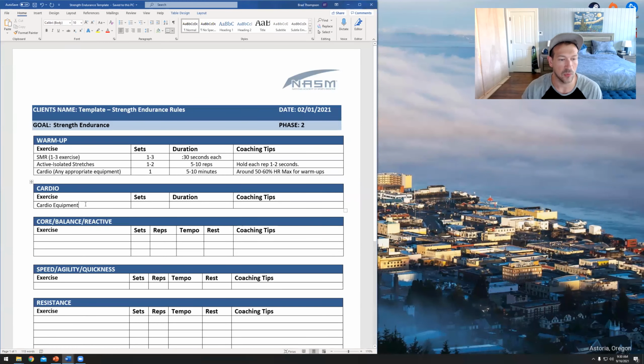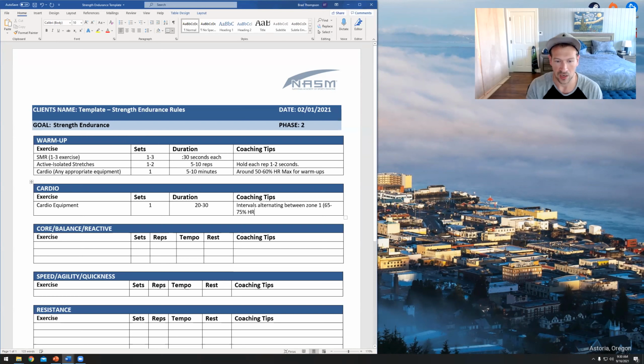Okay. So now we're going to do cardio equipment, 1 set, again 20 to 30 minutes here. And then you are going to use a blend of intervals alternating between zone 1, which is 65 to 75% heart rate max, and zone 2, 76 to 85%.